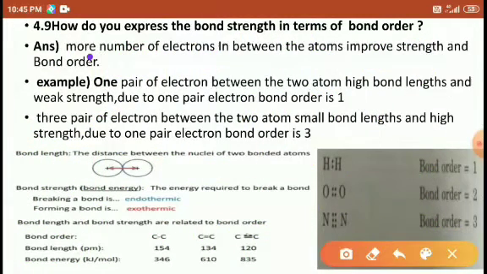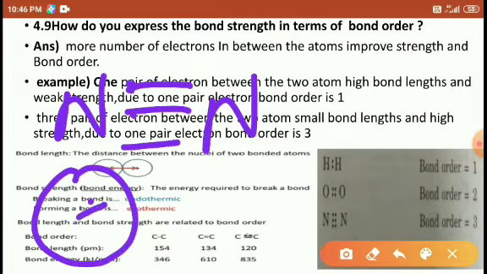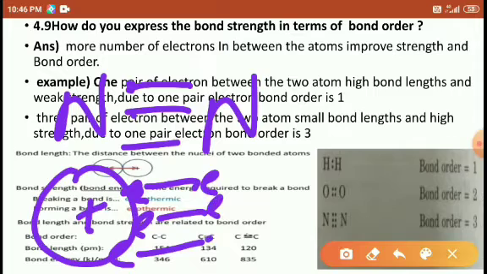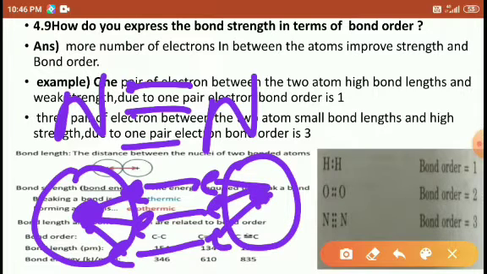Next, students, the number of electrons between the atoms improves the strength. Look at here, if one nitrogen is present with 3 bonds in its outermost shell, this is a nitrogen nucleus, and the nucleus shows attraction to all the 3 electrons.